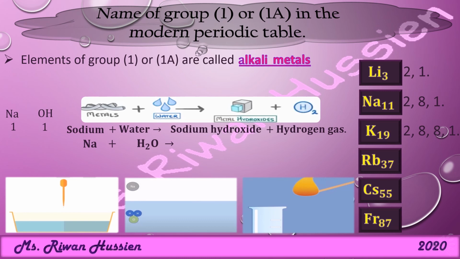So, sodium takes 1, which we don't write, and hydroxide takes 1, which also we don't write. So, the chemical formula of sodium hydroxide is written as NaOH. Getting back to our equation, sodium hydroxide is NaOH and hydrogen gas is H2.